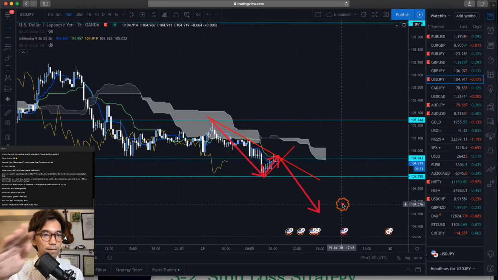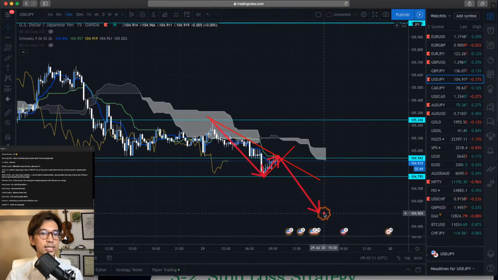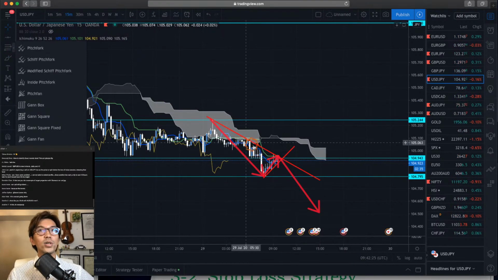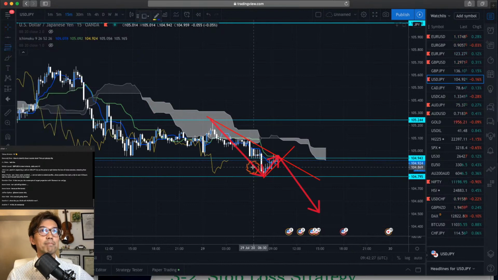But we want to know how far the price can go downwards. To create some expectation, I use the Fibonacci extension. For some reason, I keep saying Fibonacci expansion. But yeah, Fibonacci extension.